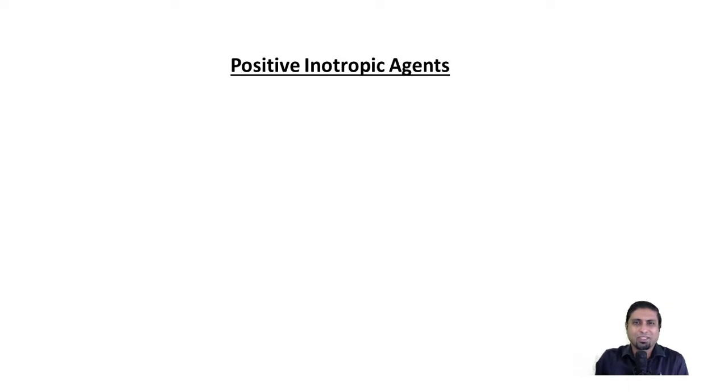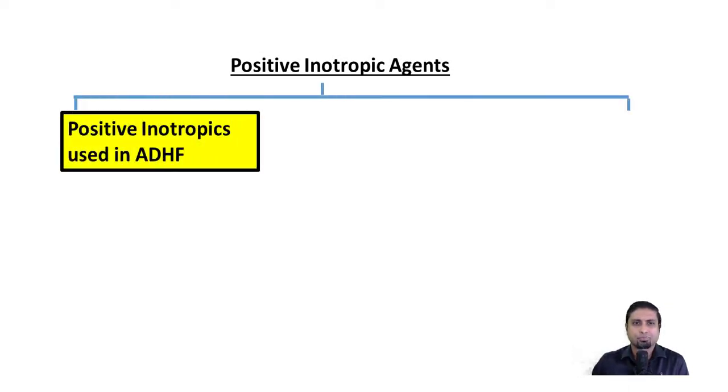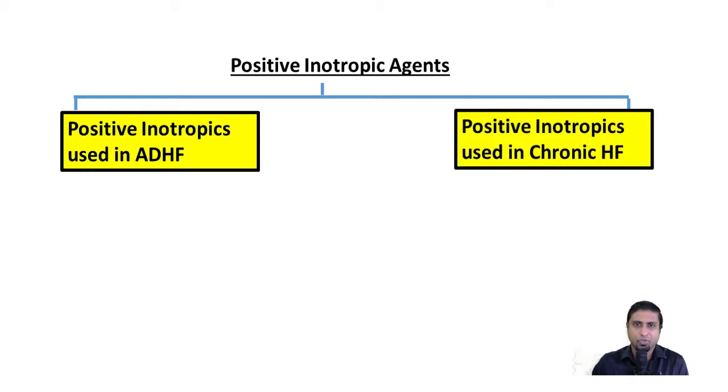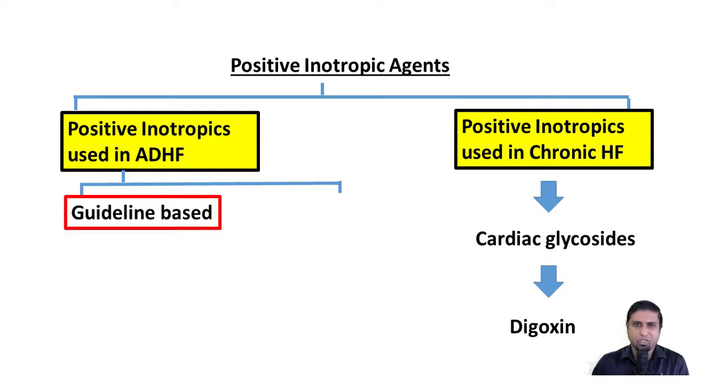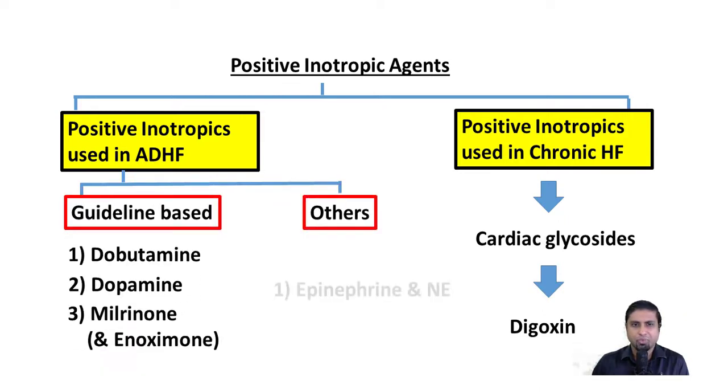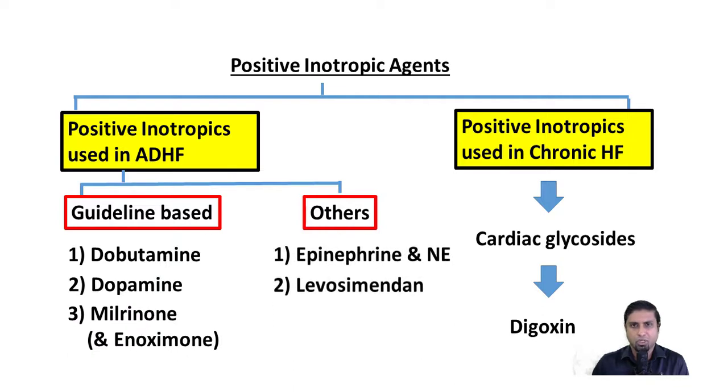Now, if we were to classify positive inotropic agents into those which are used in acute decompensated heart failure and those used in chronic heart failure, we would see that there's just one entry among the drugs used in chronic heart failure, and that would be the cardiac glycosides, the most important example of which would be digoxin. There's a whole bunch of other positive inotropic agents used in acute decompensated heart failure, and we will discuss them when we discuss acute decompensated heart failure.